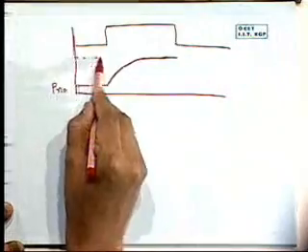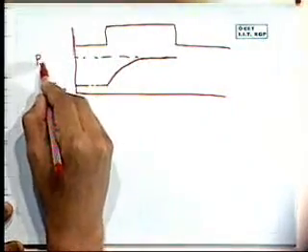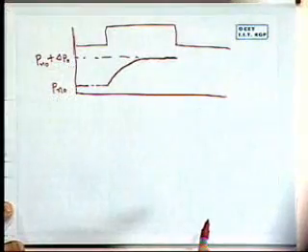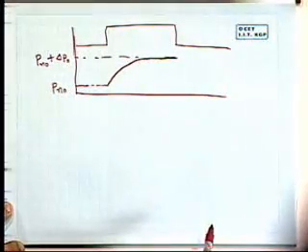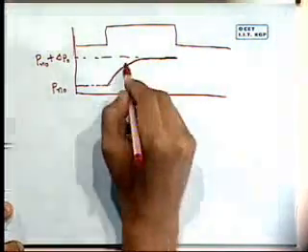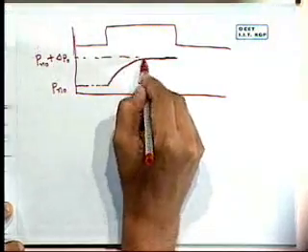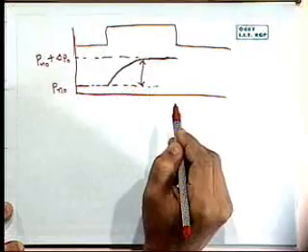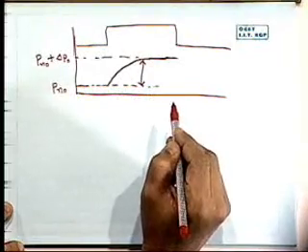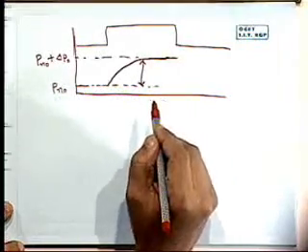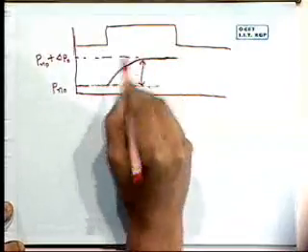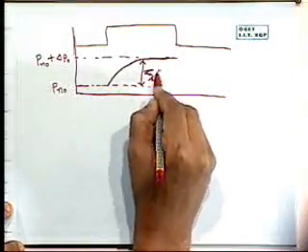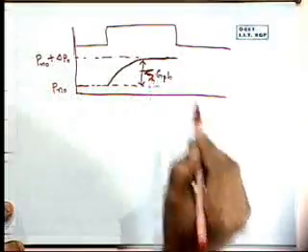Now it has gone to Pn naught plus delta Pn. And this height here is what? It's tau H GPH, because that's the saturation value.